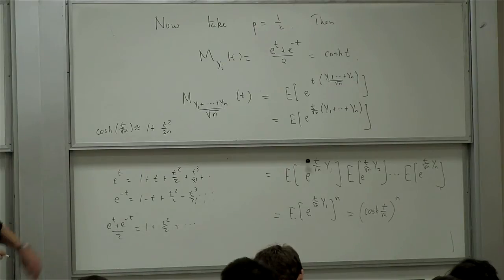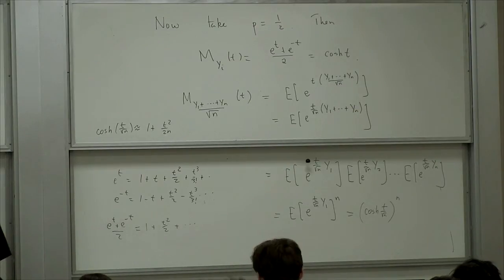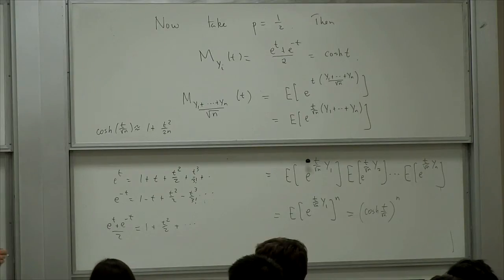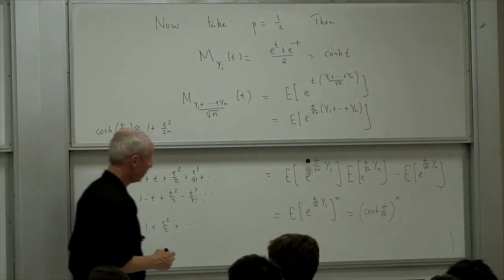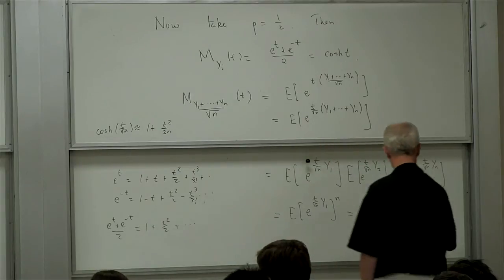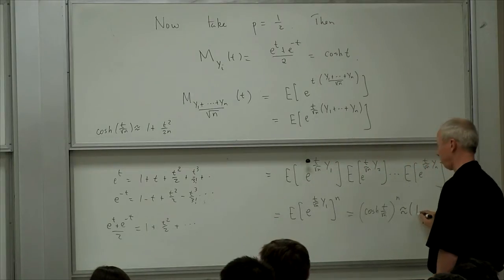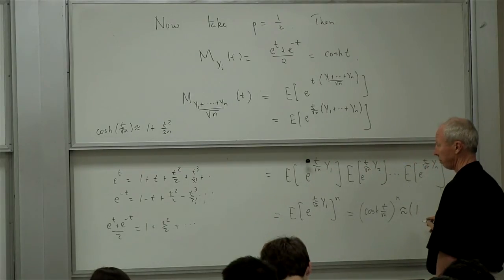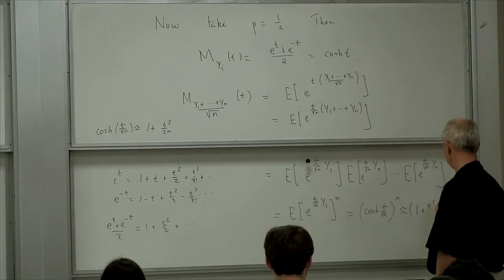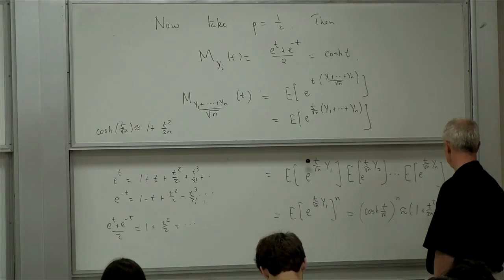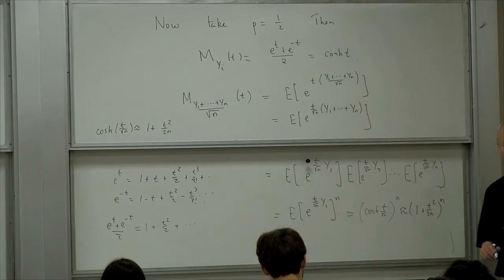So let's put that inside for the hyperbolic cosine. The other terms won't matter. And do you know what that does as n goes to infinity?